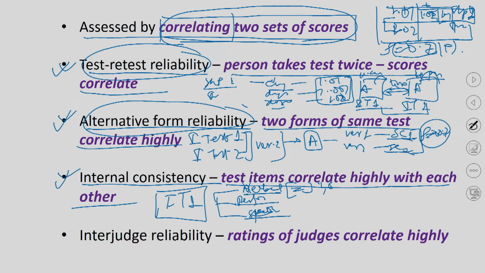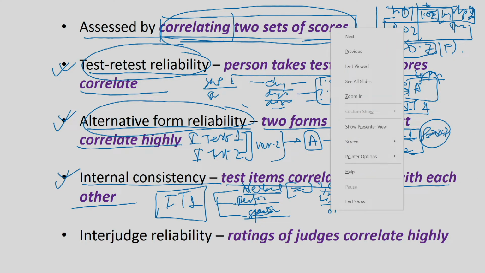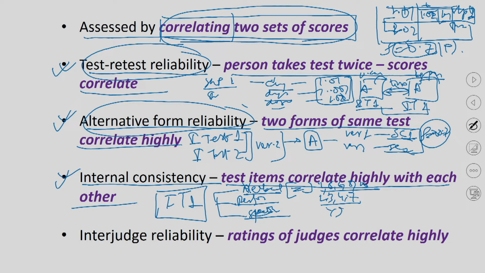Let us say question numbers 1, 5, 6, 8, 10 relate to verbal ability. Similarly, question numbers 2, 3, 4, 7 relate to performance ability, and question numbers 8 and 9 relate to spatial ability.